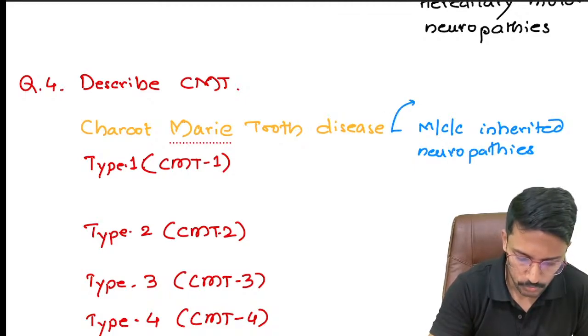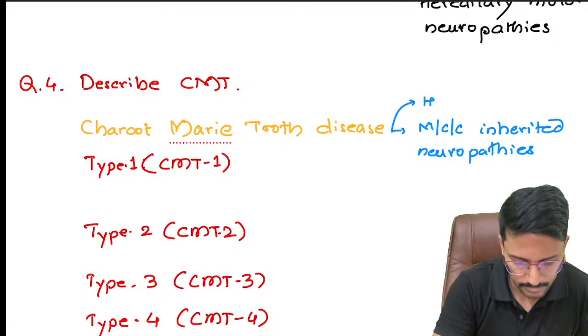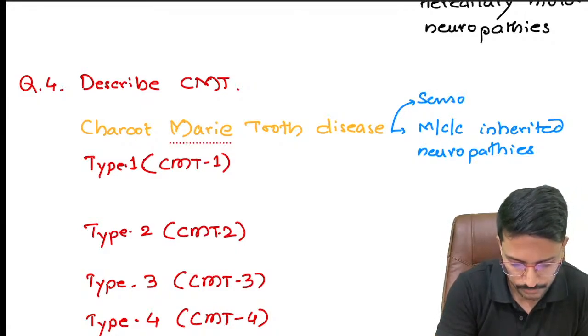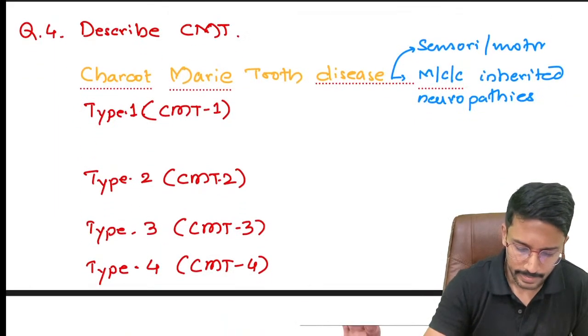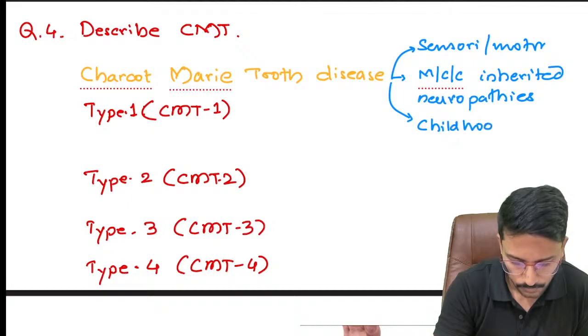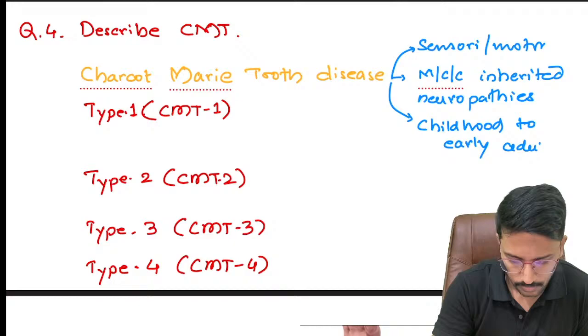This is also a hereditary form where there is involvement of sensory as well as motor neurons. These patients usually present in childhood to early adulthood.